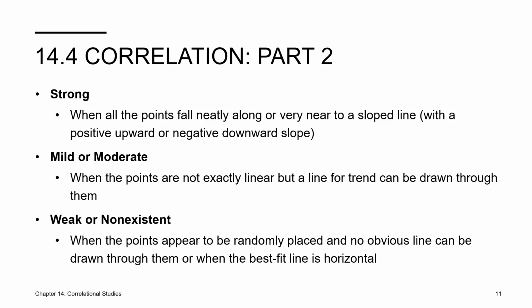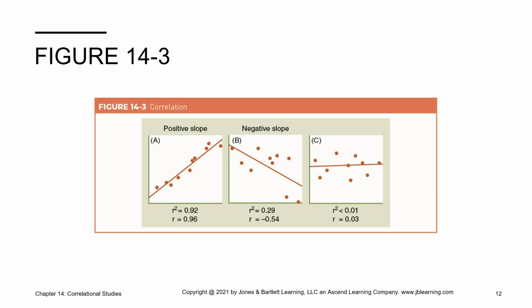A weak or non-existent correlation is when the points appear to be randomly placed and no obvious line can be drawn through them, or when the best fit line is horizontal. And so here are some examples in figure 14.3. Our positive slope is letter A, our negative slope is letter B, and then you have the C there.